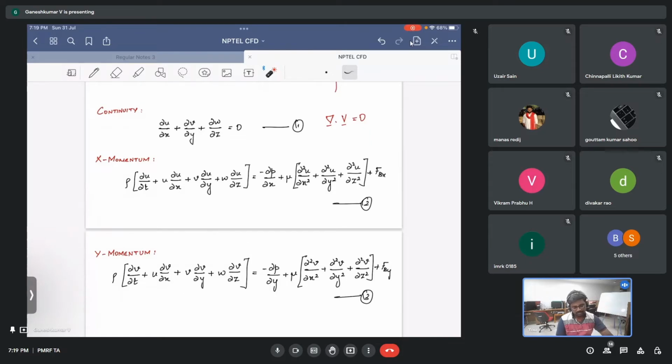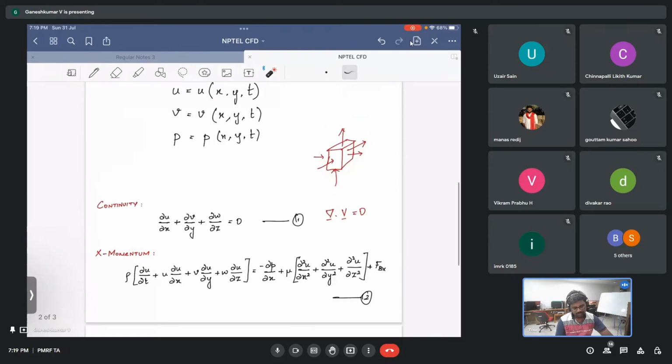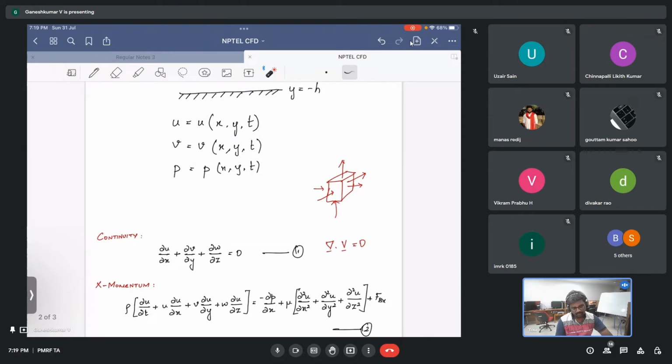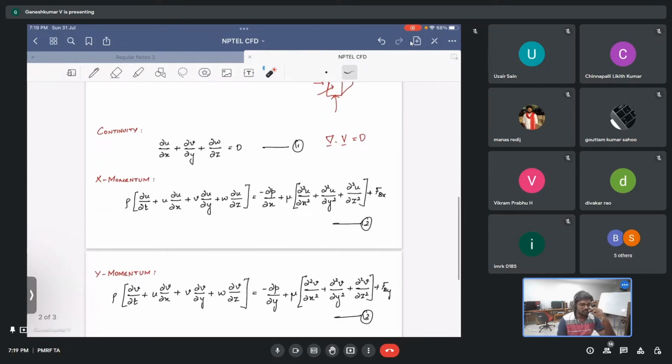One important thing: we have three unknowns, U, V and pressure, and we also have three equations. For any mathematical system of equations, if you want to solve it, the number of equations and the number of unknowns should be the same. Here we have three equations and three unknowns, which means you can solve it.